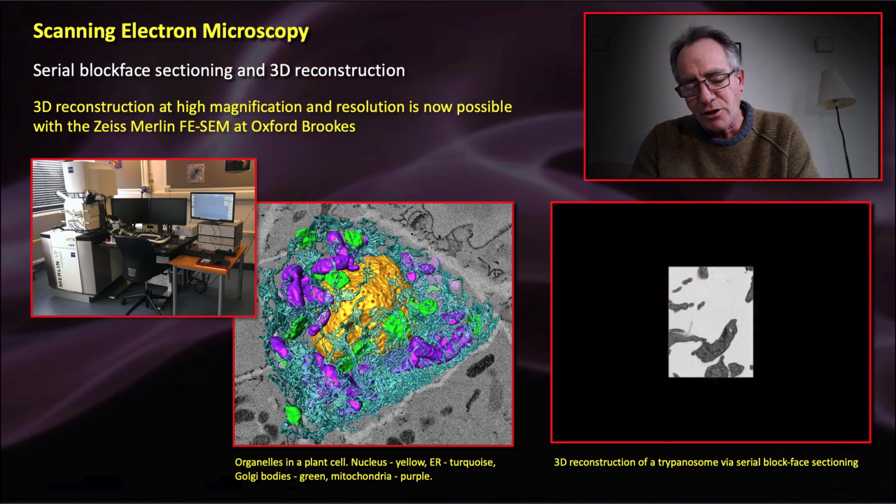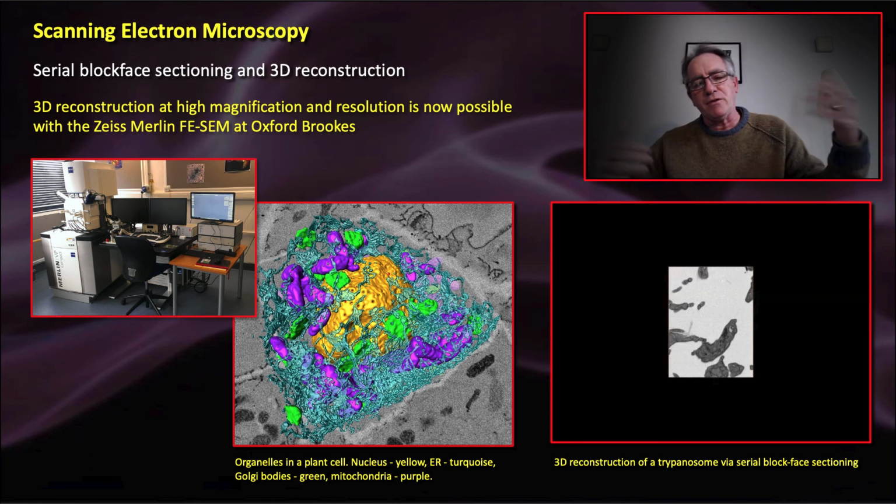So there, I just finished telling you that scanning microscopy isn't as useful for cell biologists, and that the scanning electron microscope that we have at Brookes is quite a small one, but I've been holding something in reserve.